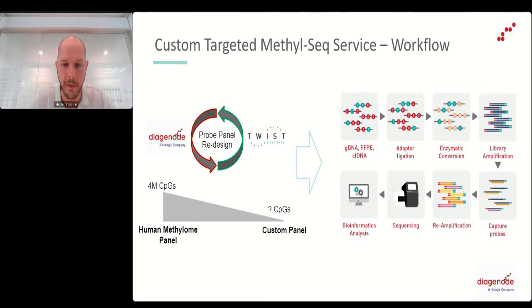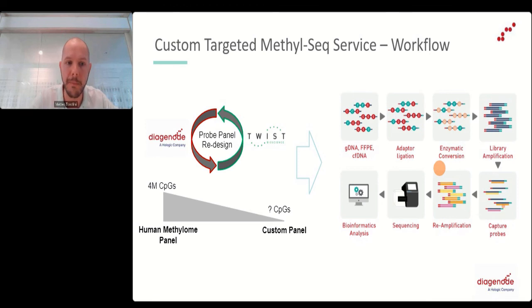So in the case, for example, of the small pilot study that was done before, we were talking about only 12,000 CpGs. Together with Twist, we will redesign the panel, and then using a higher number of samples, we can go through the exact same workflow as for the human methylome, just changing the capture part.